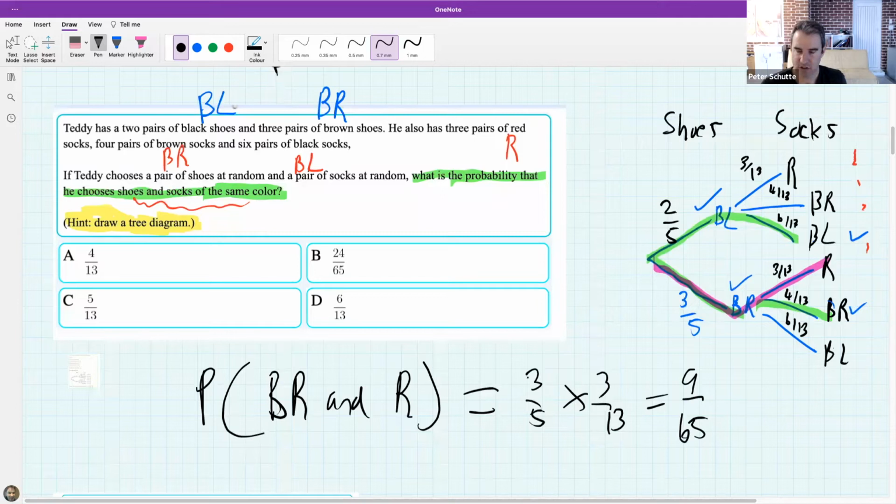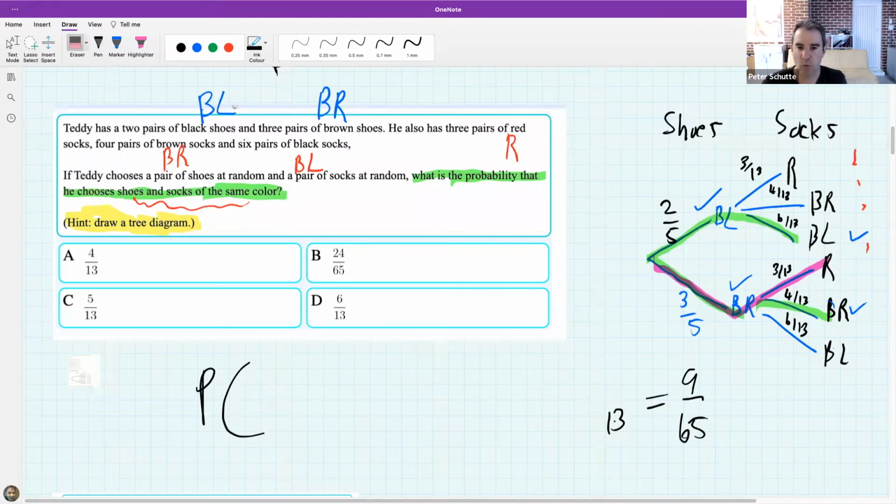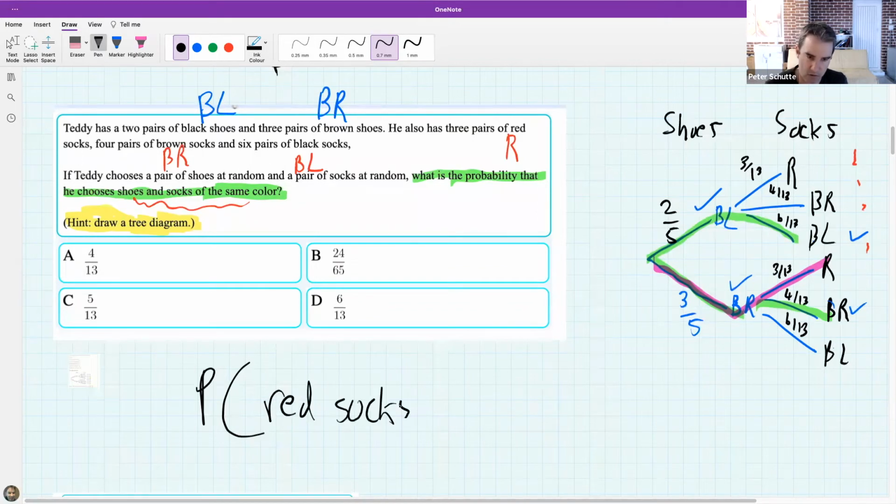What if I said to you, what is the probability of just getting a selection with red socks? What is the probability of getting a selection that has red socks in it?